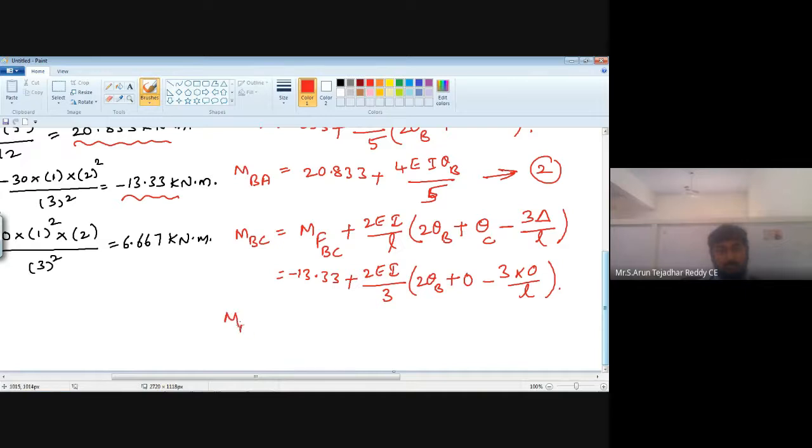Now MBC is equal to minus 13.33 plus 2 into 2, that is 4EI theta B by 3. That is equation number 3. Span BC completed. Next, what is the last one? Span CB.